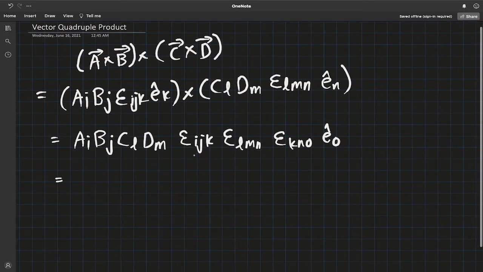Well, what we can do is, again, our savior here is the Levi-Civita identity. We can take the first Levi-Civita and the last Levi-Civita and try to manipulate or do some permutation on the indices of this one. So instead of kno, we'll have okn without a change in sign.